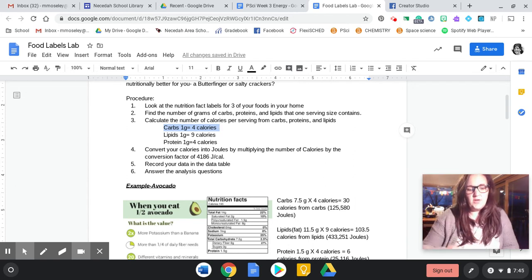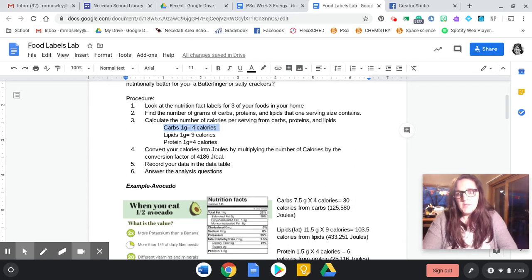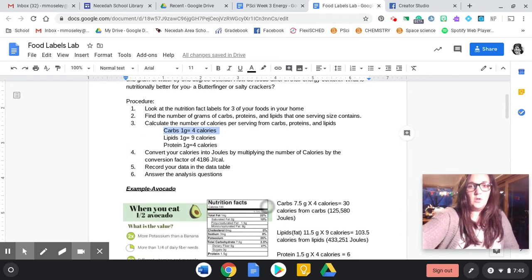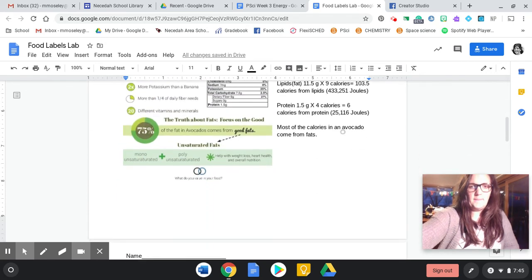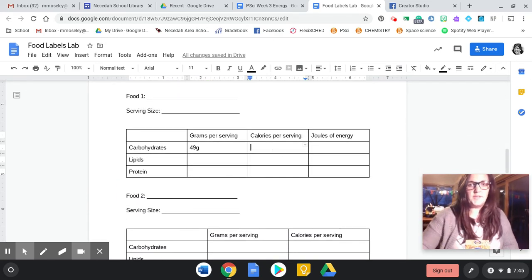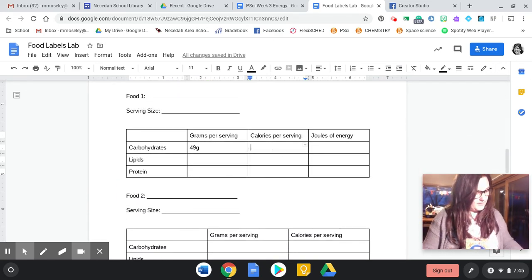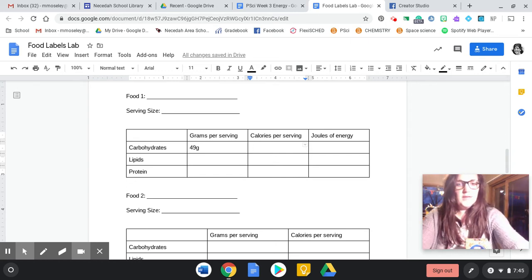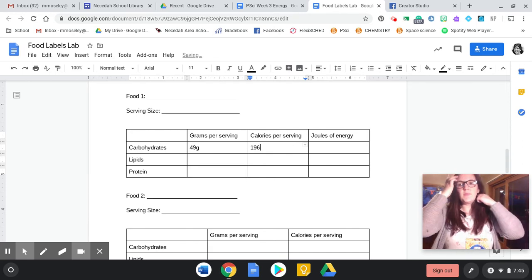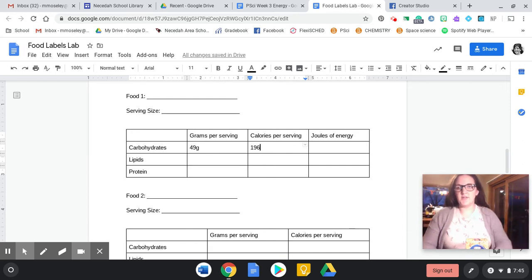So if I have 49 grams of carbohydrates, I'm going to take 49 times 4, which will give me my calories per serving. So 49 times 4 is 196 calories.